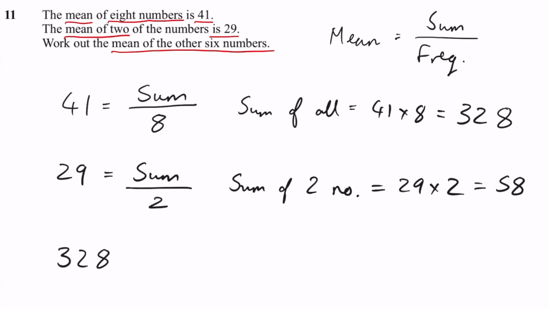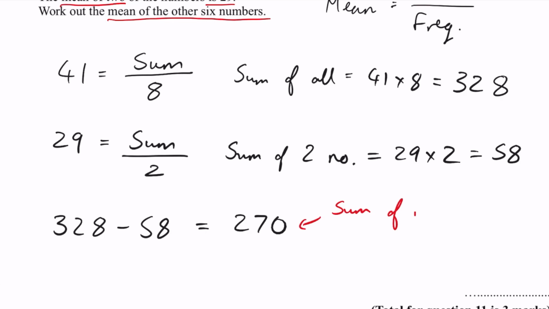So now I want to work out the mean of the other 6. To do that, if I do 328 minus 58, that is going to give me the sum of the 6 remaining numbers. Okay, so that's really useful. Now, going back to our equation, the mean is equal to the sum of all the numbers in that list divided by the frequency.